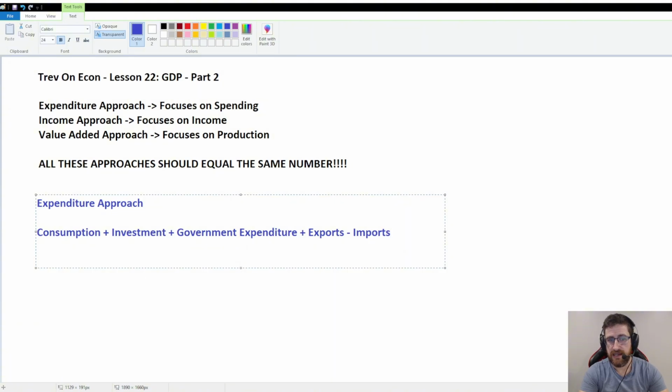Okay? It is made up of all these sections. And you can imagine we're going to go and discuss each of these momentarily. All right? But we also want to get used to this variable version, which, instead of spelling out the words, we will usually see C plus I plus G plus X minus M. And you can match those accordingly to who they go with.